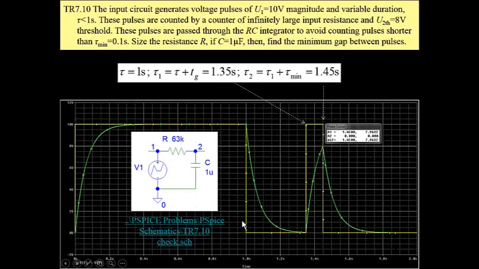This pulse has a duration of 1 second. Then we have the minimum gap of 0.35, and then we have a pulse of duration 0.1 second. As we can see, the initial condition decays to 0 after this gap, and then the output voltage rises to a voltage slightly below this threshold, which means that this pulse is not counted.